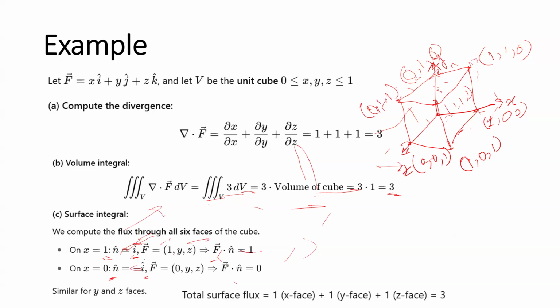After computing this, we get 1 for the x faces, similarly 1 for the y faces and 1 for the z faces. After adding all these, we have 3. So the volume integral result is 3, and the surface integral result is also 3. Hence LHS and RHS are equal, and the divergence theorem is proved.